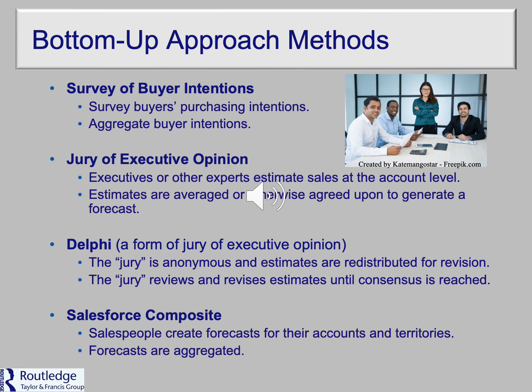The survey of buyer intentions is, honestly, even if it doesn't end up being your forecast, a great way to have discussions with a potential buyer, that whole sales dialogue mindset. And then the jury of executive opinion and the Delphi are pretty similar, with the Delphi being a more anonymous approach to coming to a consensus on what the estimates should be. Okay, so those are your bottom-up approaches.